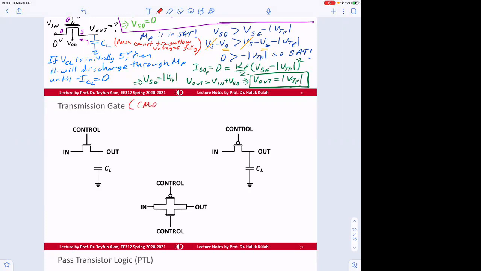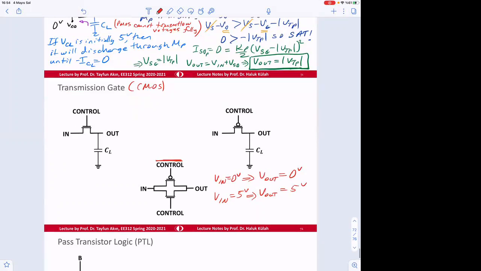So we will be applying here control bar and control. So if you do this, then if V in is equal to 0 volt, V out is going to be 0 volt, thanks to NMOS. And if V in is equal to 5 volt, V out is going to be equal to 5 volt, thanks to the PMOS transistor.